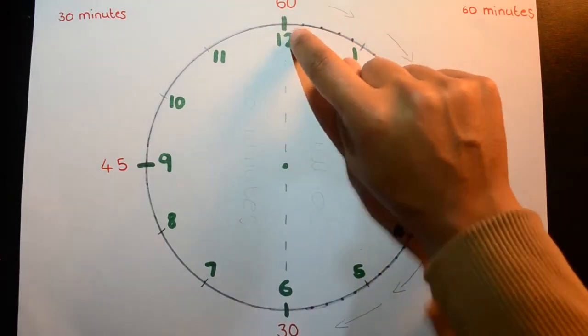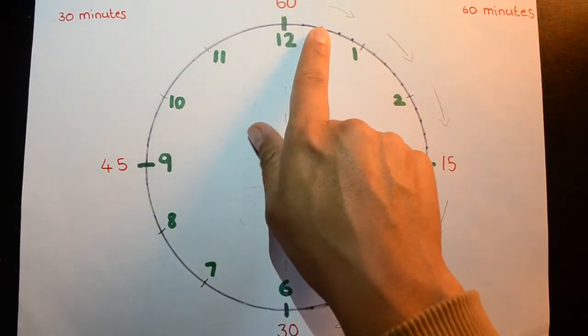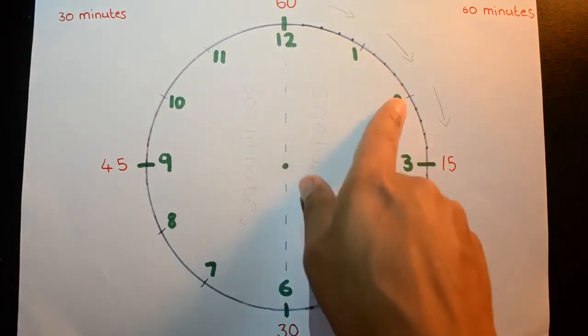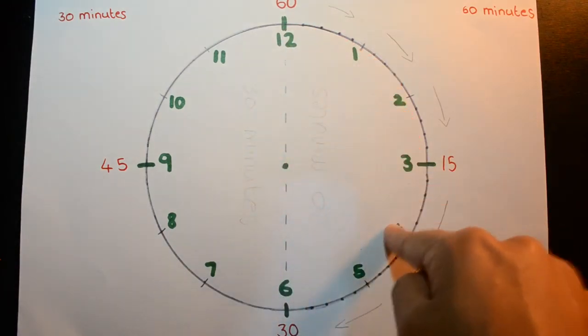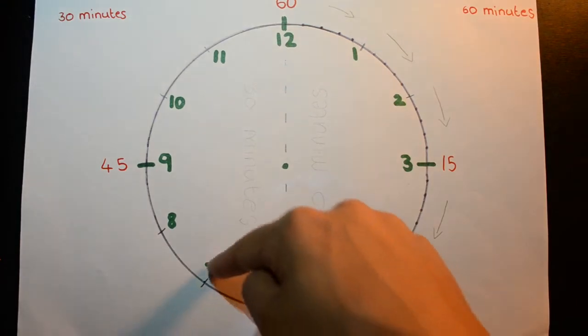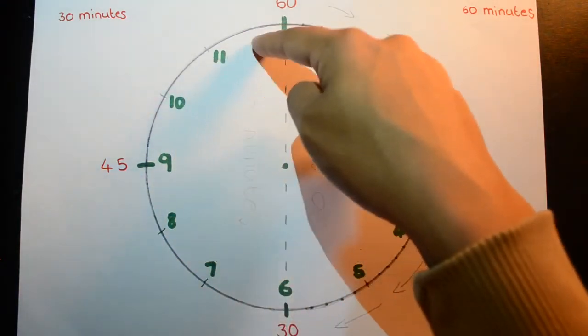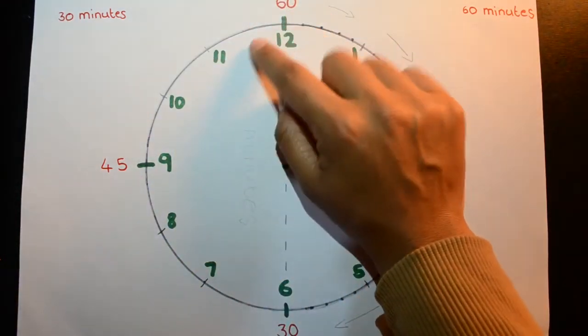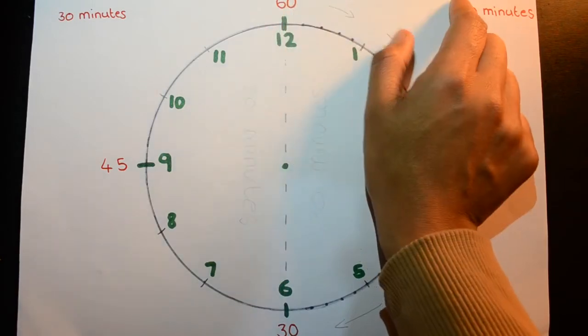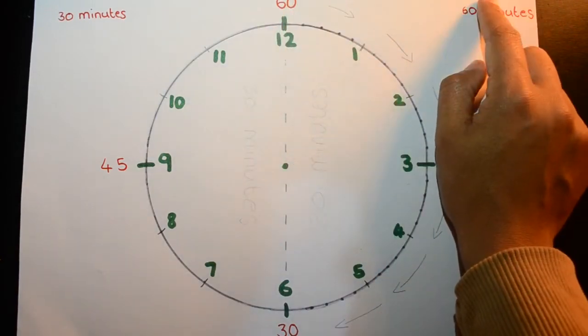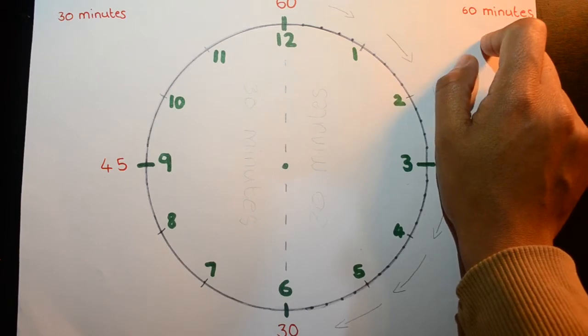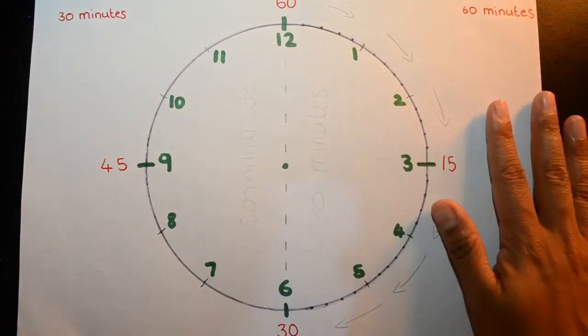So that means the long hand moves by every dot, and it moves right around until it comes back to the 12, and it moves 60 times, which means it's 60 minutes and it's the same as saying 1 hour.